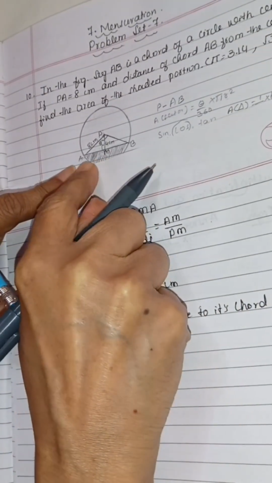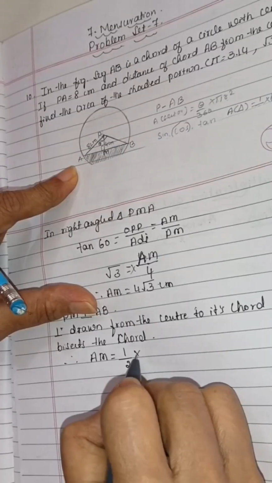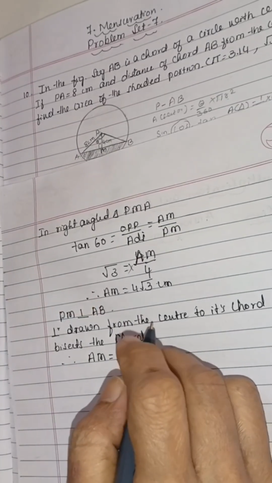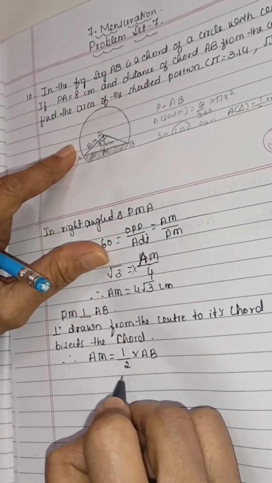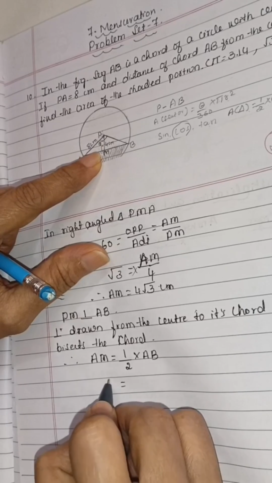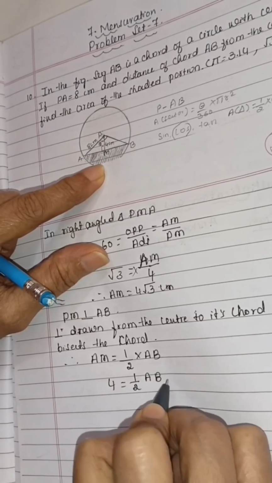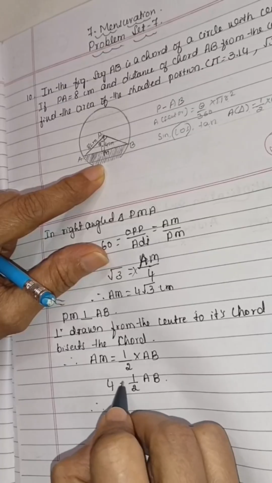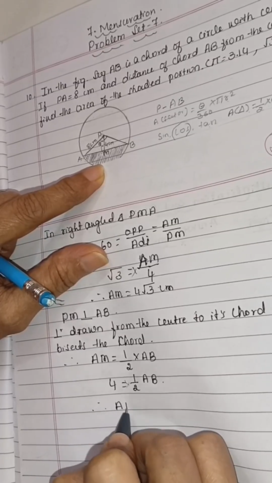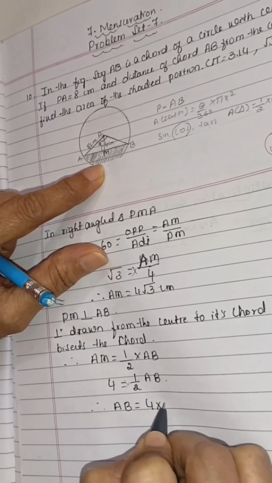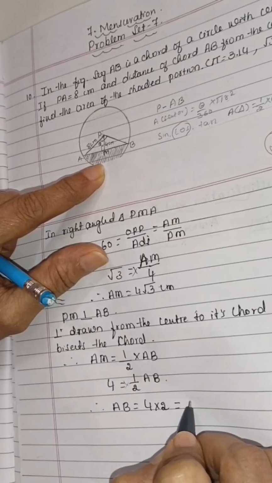AM we know is 4, half of AB. Therefore, by cross multiplication, AB is 4 multiplied by 2, that is 8.